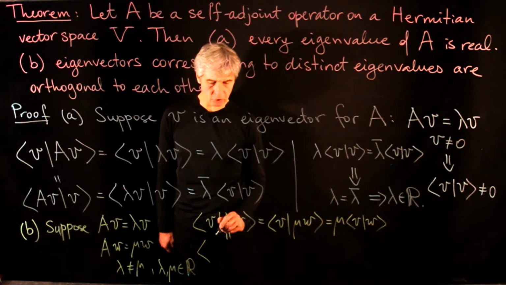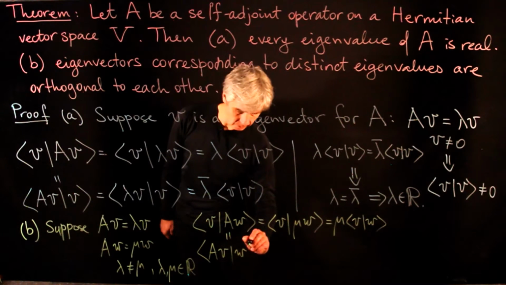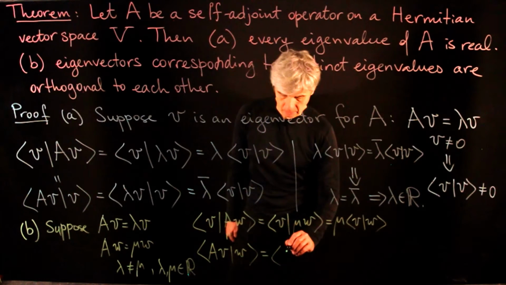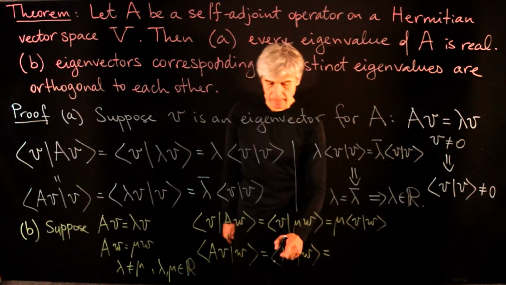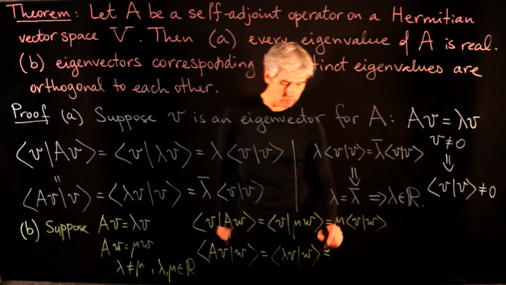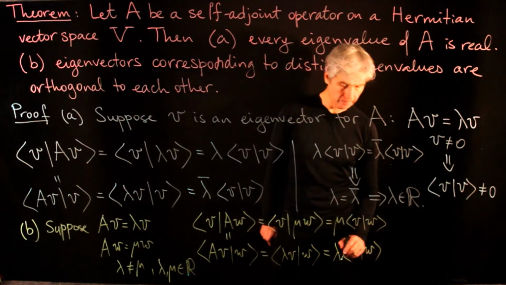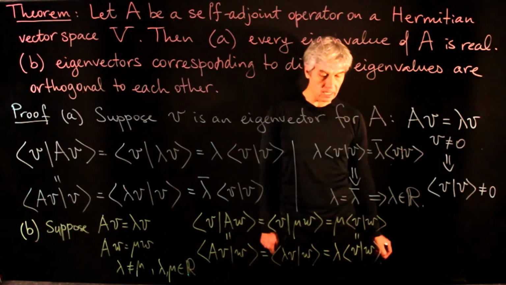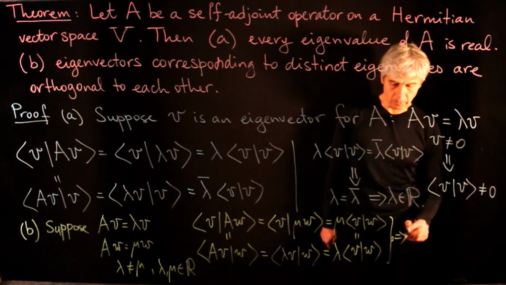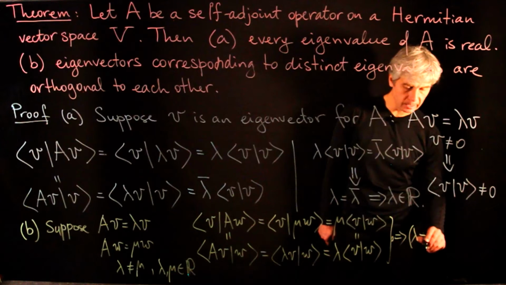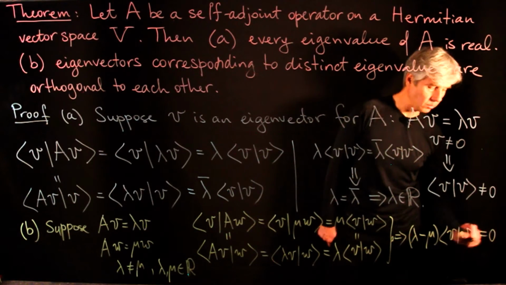By definition of a Hermitian operator, this is also equal to (AV, W), and so this is equal to (lambda V, W). Because lambda is real, when we take it out, we just get lambda times (V, W). Now these two things are equal, so if we take the difference between the two, this tells us that (lambda minus mu) times (V, W) is equal to 0.